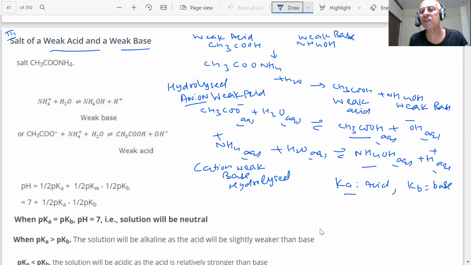If the acid is stronger, it will ionize to give H plus. But they are not of equal strength. We already studied that ionization constants of weak acids and weak bases are expressed in the form of Ka and Kb, and different acids have different values of Ka. We gave you a table of that, and we gave you a table of Kb also.